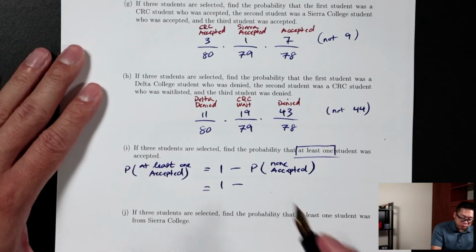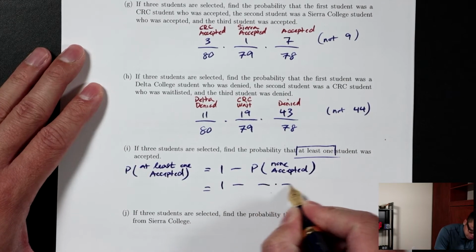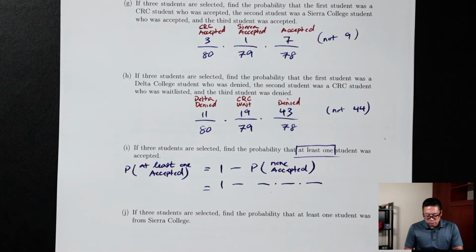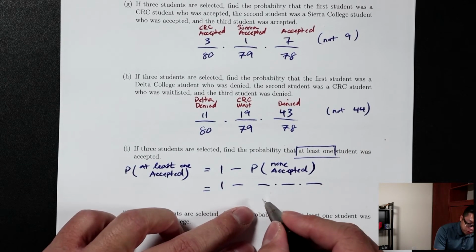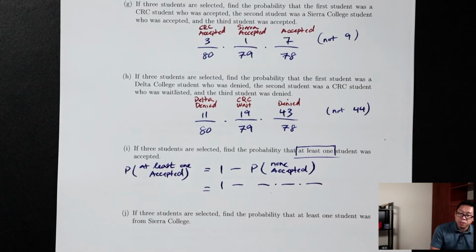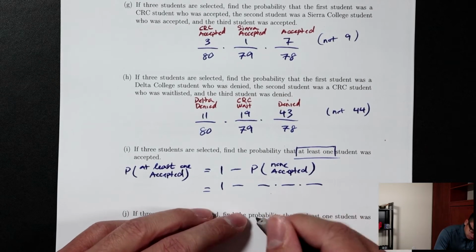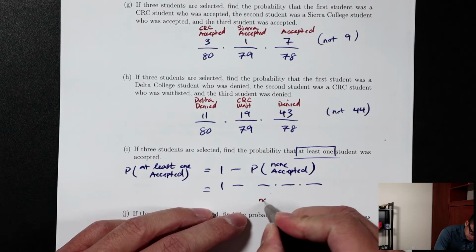We're talking about 3 students, so we'll need 3 fractions. So 3 students, none of them accepted, means I want the first fraction, second fraction, and third fraction to all be not accepted.